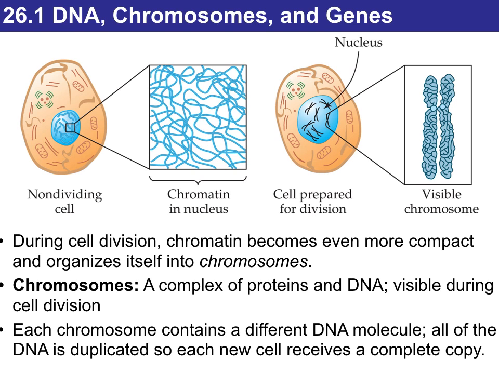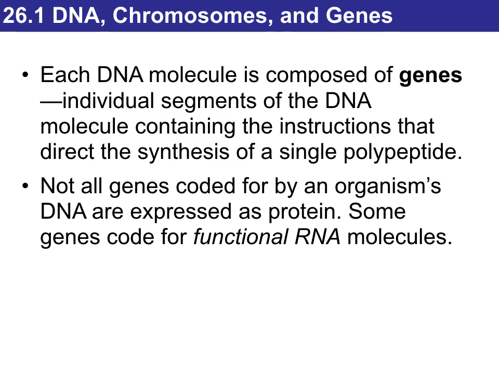Chromosomes are complexes of protein and DNA. They're only visible during cell division. Now, all of those contain different DNA molecules, and all that DNA has to be duplicated, we say replicated, so each new cell, the daughter cell, will have exactly the same copy.